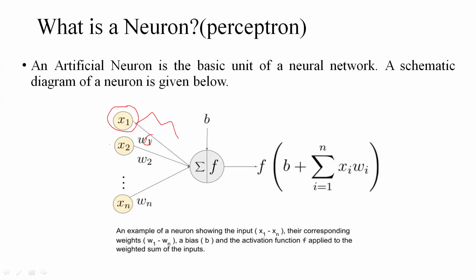Whenever x2 transmits into the neuron, a random weight will be added. The weight is an inbuilt structural process in the neural network, because a small weight is added for every new input value that reaches the neuron. So the first input value is x1 with weight w1, and the second is x2 with weight w2.